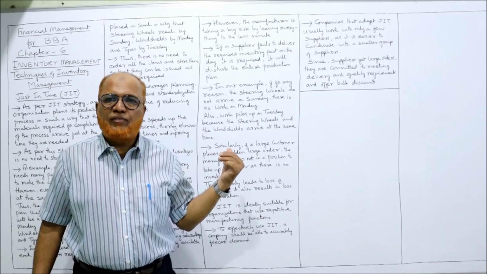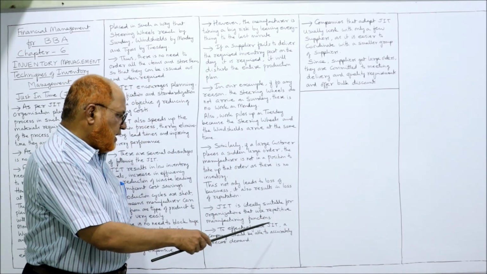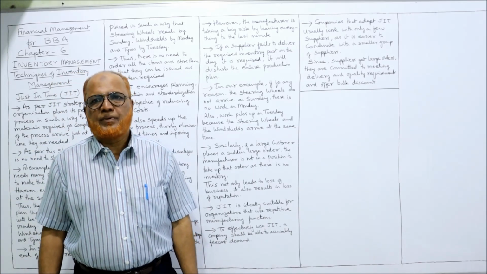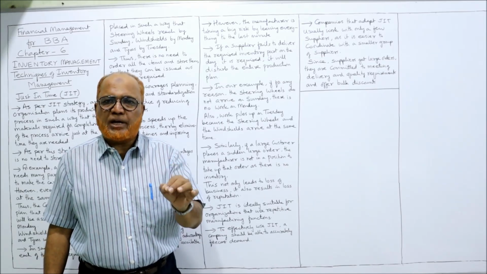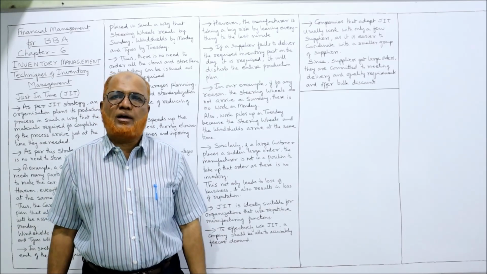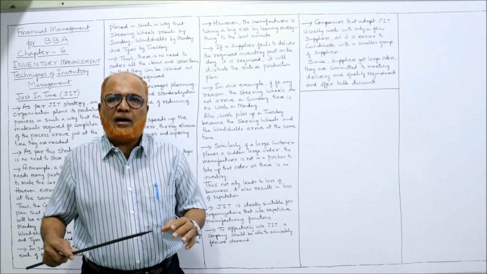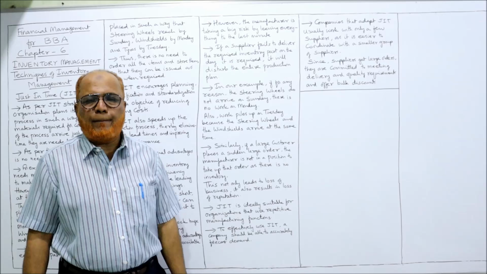In that case, it will be difficult to apply JIT. Then, to effectively use JIT, the company should be able to accurately forecast the demand. So, if the demand is accurate, if the production schedule is accurate, then only can we apply JIT. But whenever there is uncertainty regarding the demand or regarding the production process, it will be difficult to apply JIT.